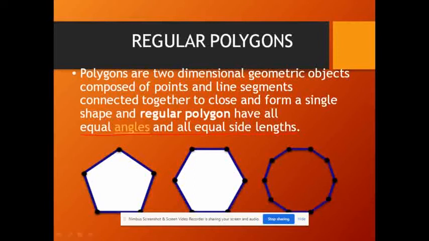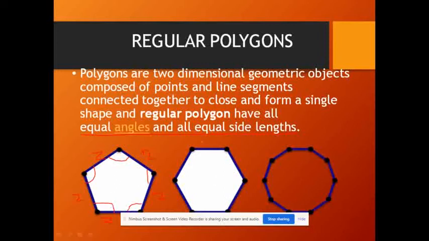Look at these shapes. So these shapes have equal angles and they have equal sides also. So all the sides are, for example, if the side of this one is 2 centimeter, automatically all its sides are 2 centimeter. I hope you understand.